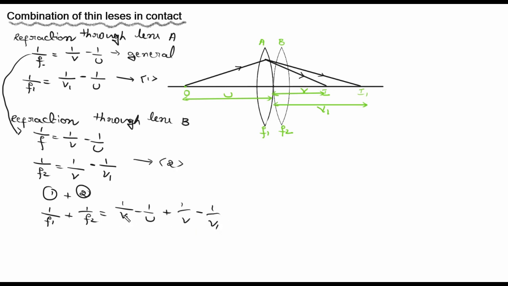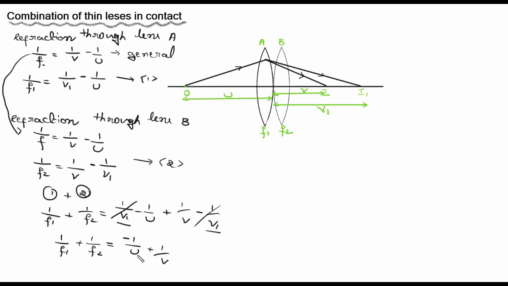As you can see, here you have plus 1 by v1 and here you have minus 1 by v1, so these will cancel. 1 by f1 plus 1 by f2 is equal to what you are left with, that is minus 1 by u plus 1 by v.